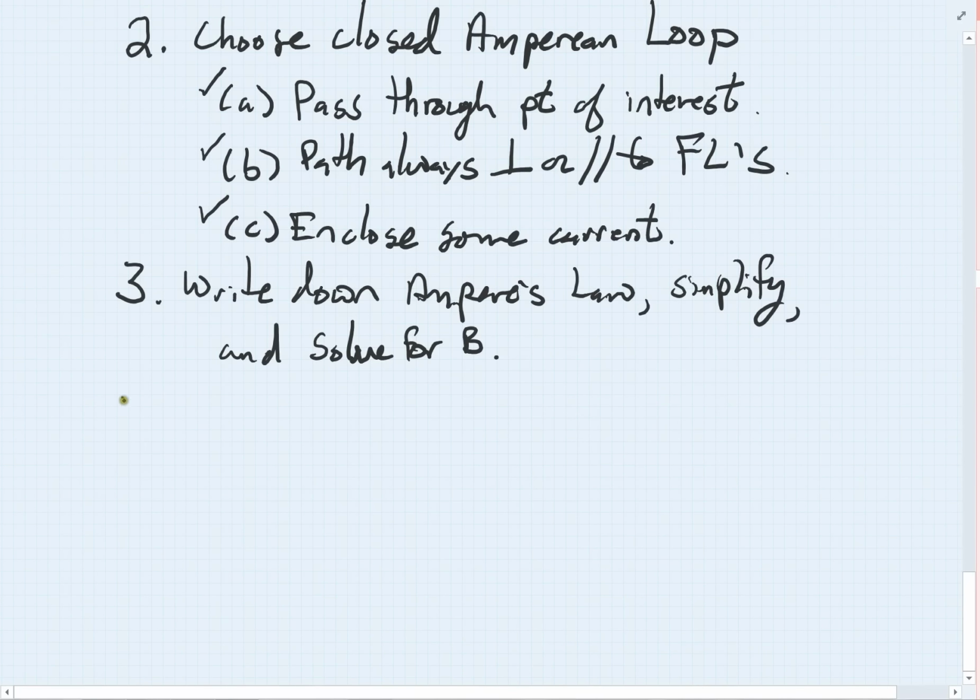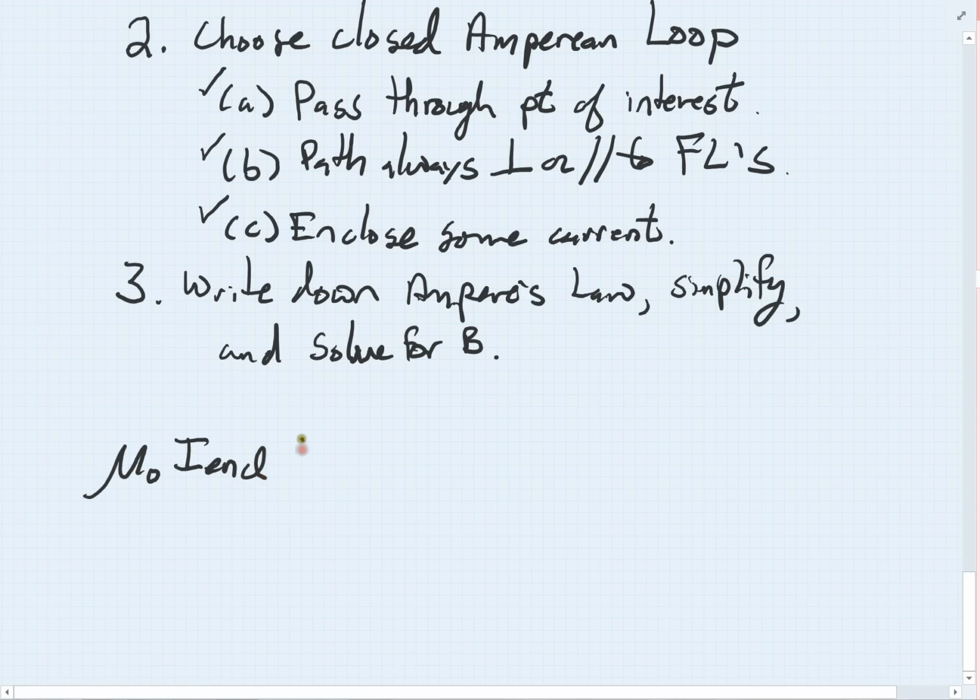So I'm going to have the integral around my loop of B dot dl. And this is going to equal then the enclosed current. But actually, just like Gauss's law, it's helpful to write this in a particular order. It's most helpful to write first the current term, mu naught times the enclosed current.